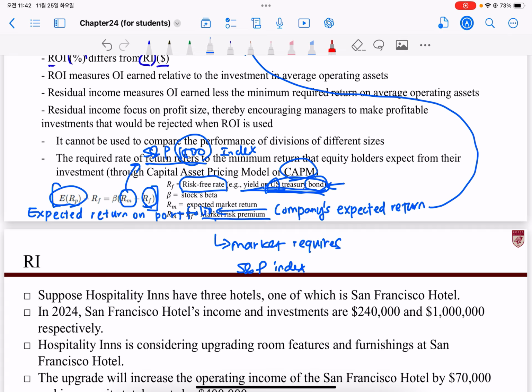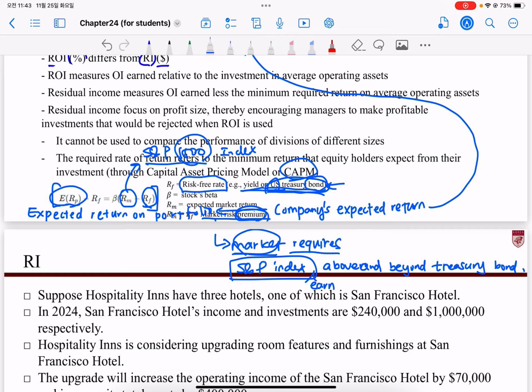How much the market requires for the general S&P index companies to earn above and beyond the treasury bond. Right? So when you see a premium, it is about how much the market is requiring.